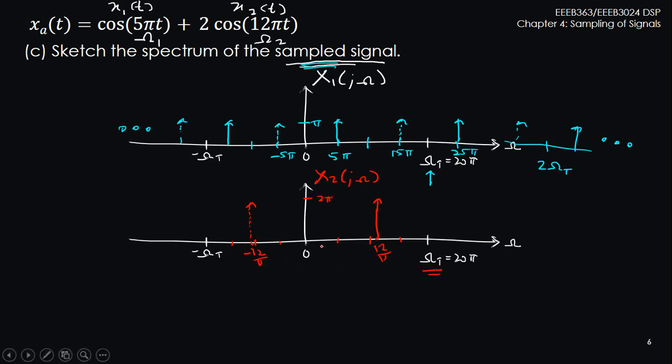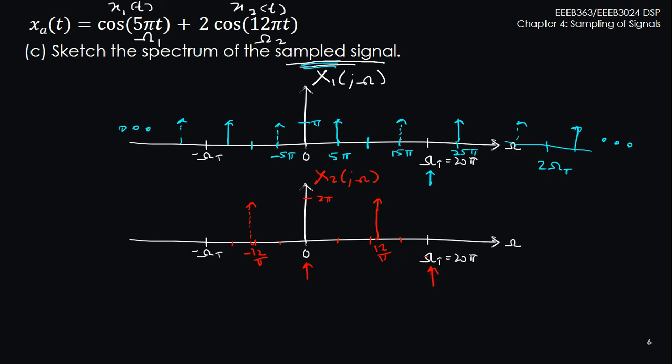Right. What happens here? Remember that this is now a sampled signal. The original signals are here, but because the original signal has been sampled, these two will repeat itself. Remember, for all sampled signals, the spectrum will repeat itself. The original spectrum centered about 0 will repeat itself again here.